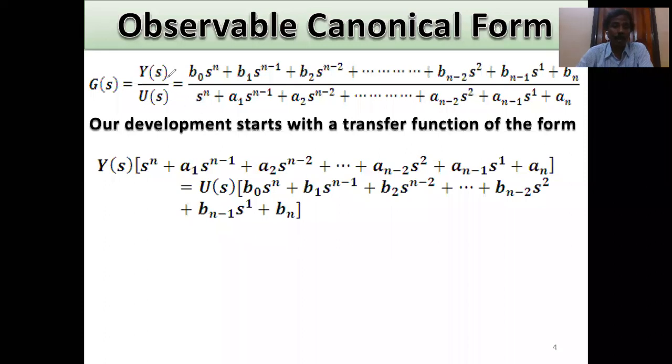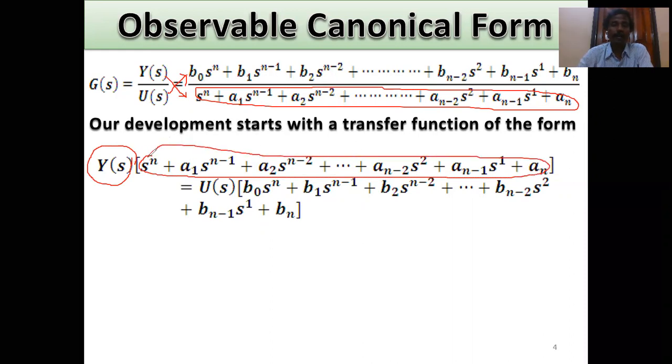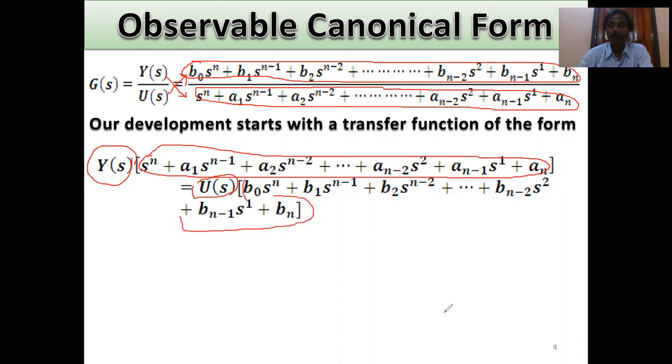Cross multiply Y of s by the denominator terms and U of s by the numerator terms. So Y of s multiplies the denominator terms, and U of s multiplies the numerator terms b0 s to the power n up to bn. This is the cross multiplication.